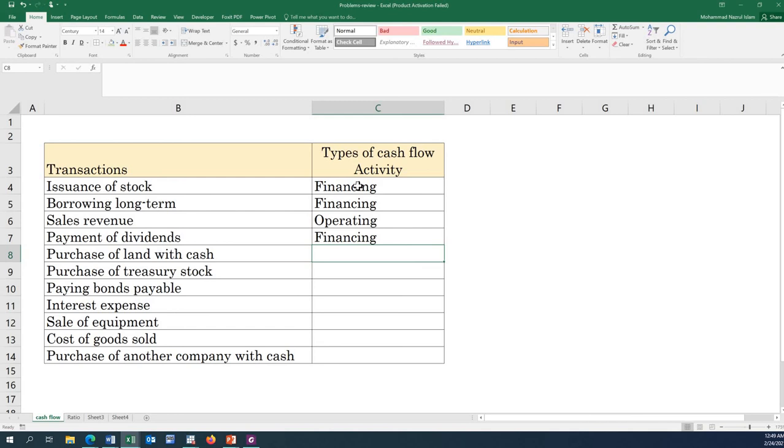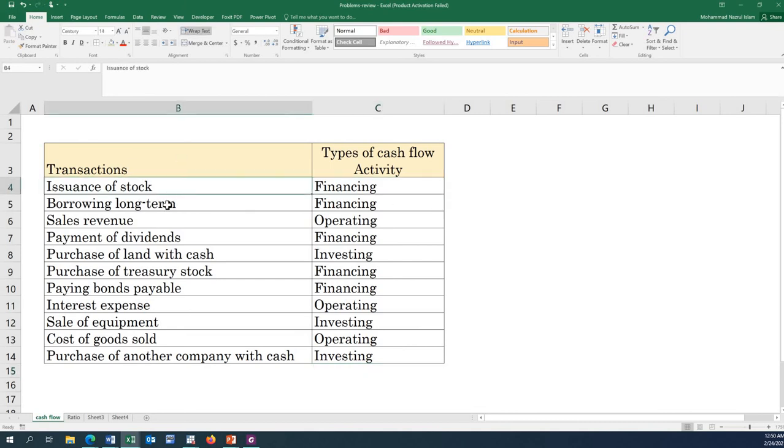Purchase of land with cash is investing. Purchase of treasury stock is financing. Paying bonds payable is financing. Interest expense is operating. Sale of equipment is investing. Cost of goods sold is operating. Purchase of another company with cash is investing. This is how you classify transactions as operating, financing, or investing.